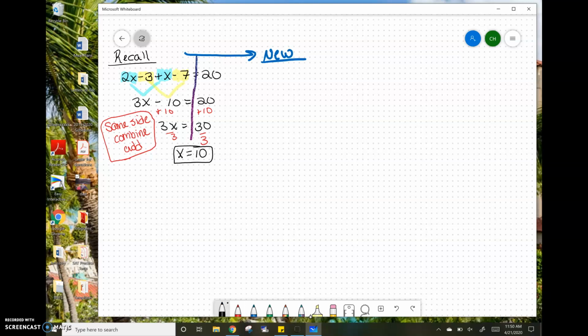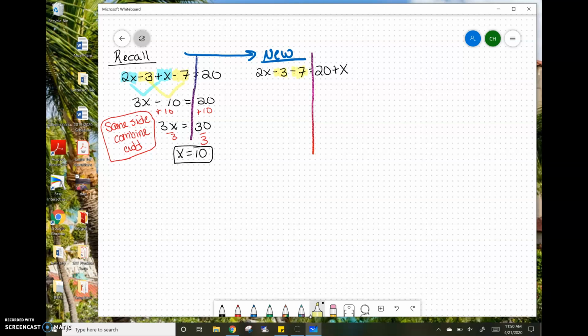I'm going to write down this exact same problem, but I'm just going to move one of the terms to the other side. I took out this x and moved it over to the other side. Now when I draw the line through the equal sign and look at those like terms on the left, there's only the negative 3 and the negative 7.